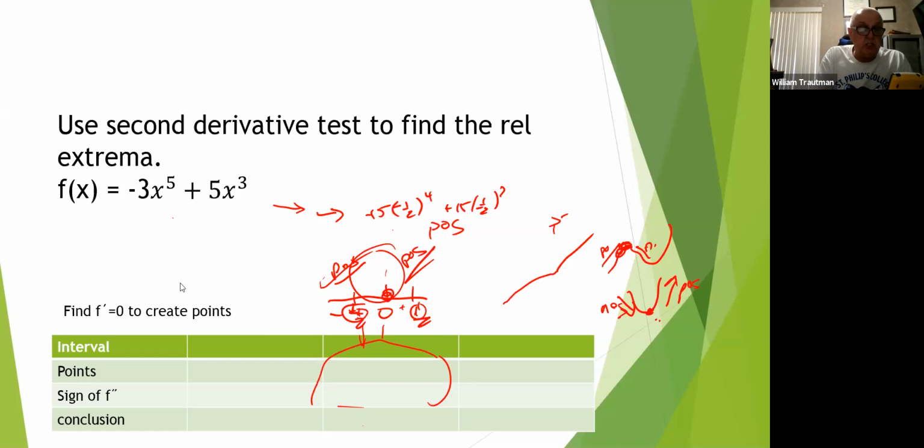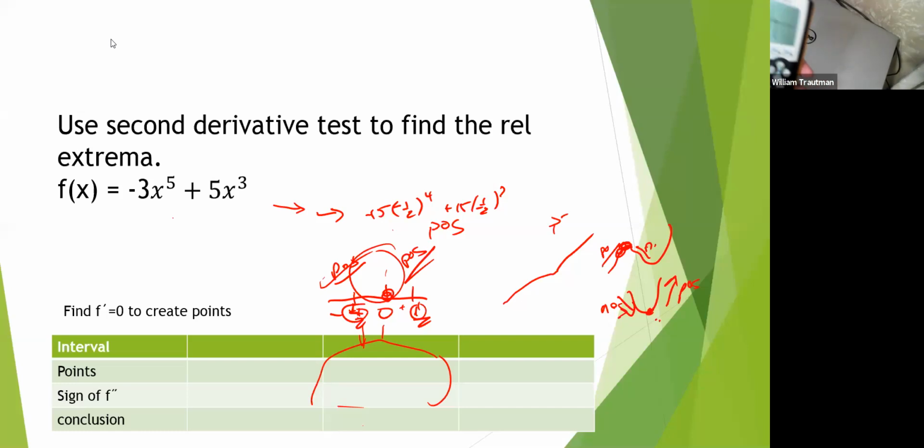I'm going to close my window a little bit so we can see it better. Let me bring up my calculator. If we look at this on the calculator, there we go.